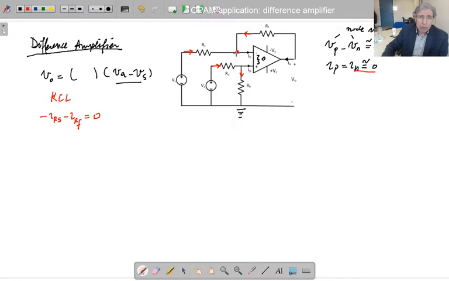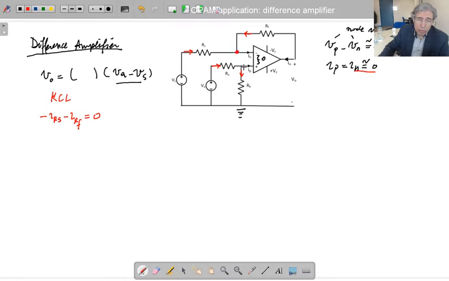Similarly, I need this node voltage in order to write this current in terms of voltages. So we need to calculate this node voltage. How am I going to calculate it? I know this node voltage is the same as this node voltage. Why is that? If you use the definition relation, that voltage is 0, so that voltage comes to here.